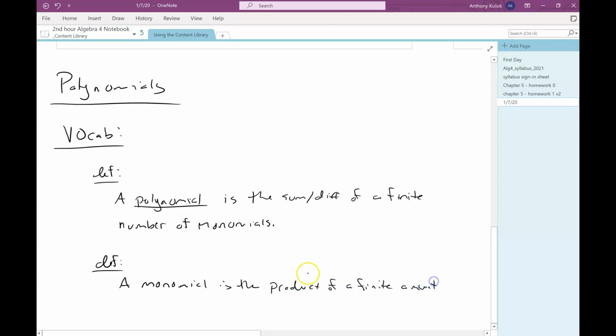So a monomial is the product of a finite amount of real numbers and variables.